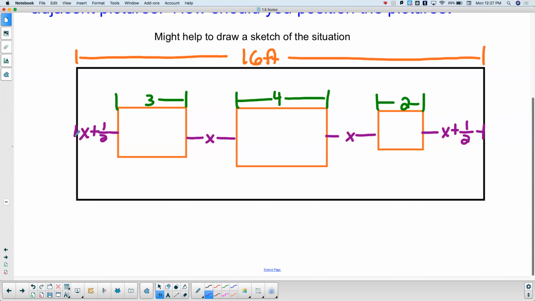That leaves me with 6 feet of space, and I have to fill that with 1, 2, 3, 4 x's. So 4x equals 6. So then you get x equals 3/2 or 1.5 feet.